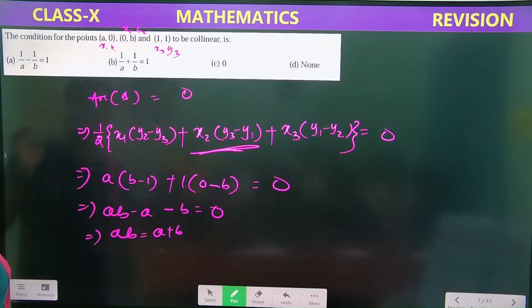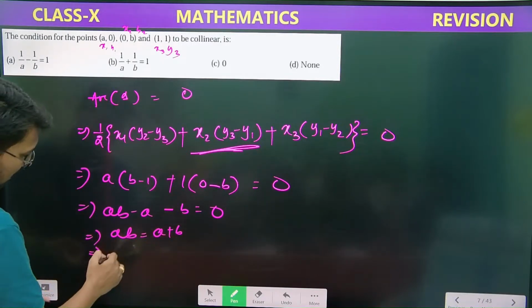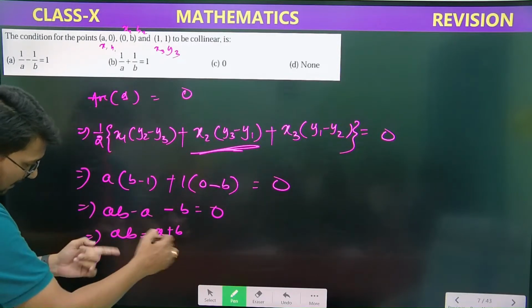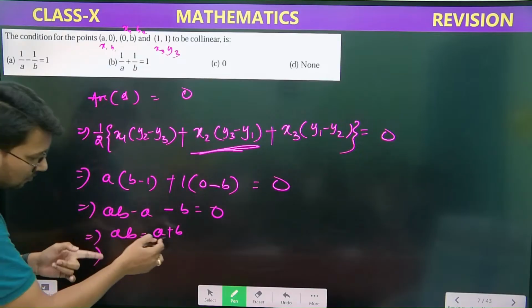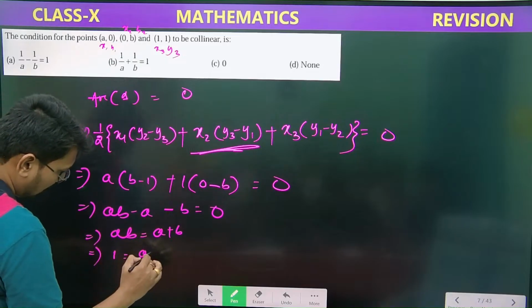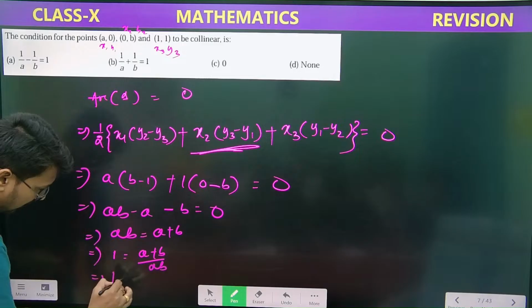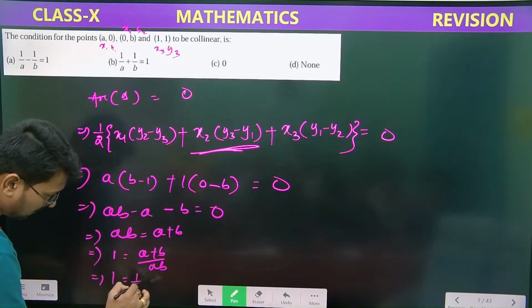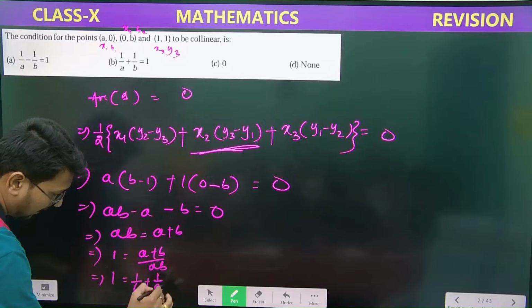Let me take ab to the other side. Since it is multiplied there, it will be divided here. So 1 equals (a plus b) by ab. Hence 1 equals a by ab, that is 1 by b, plus b by ab, that is 1 by a.